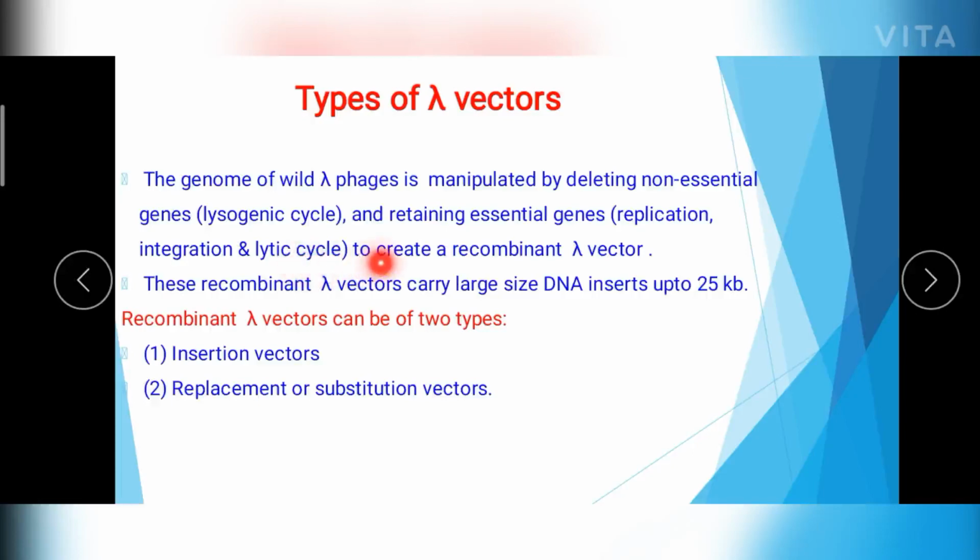These essential genes are retained to create a recombinant lambda vector. The recombinant lambda vectors help in carrying large DNA inserts up to the size of 25 kb. The recombinant lambda vectors which are used in gene cloning experiments are insertion vectors and replacement vectors.